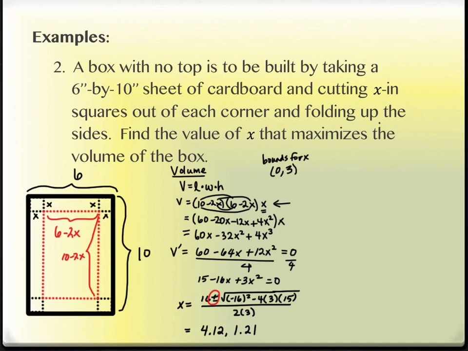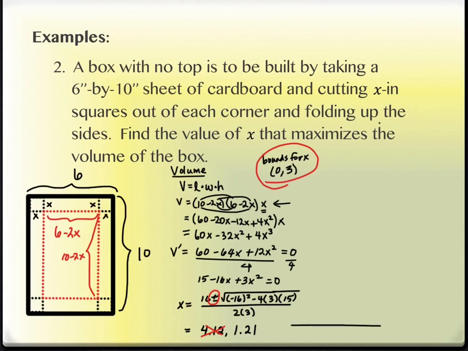But do I really need the 4.12? No, you don't. The first one, the 4 one, doesn't work in the context of the problem, so I don't need to consider it, because my bounds up here are between 0 and 3. So I really only have one possibility, and that possibility is approximately 1.21.